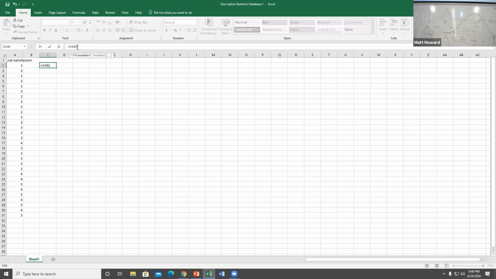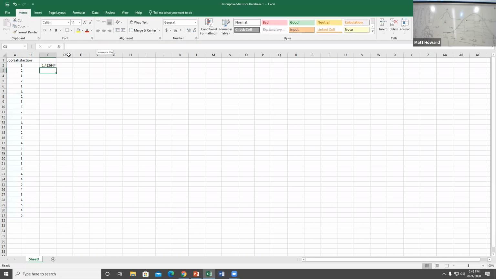But one of the easiest is, once we type that open parenthesis, we can just click on the data we want to calculate the variance for and drag all the way to the bottom, release the click, and then close the parenthesis and hit enter.